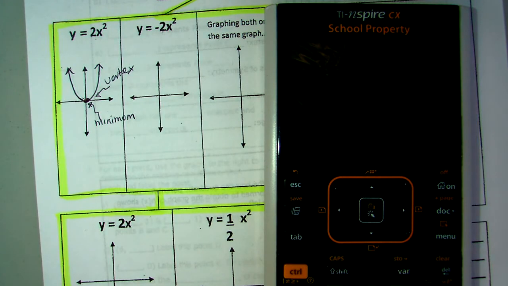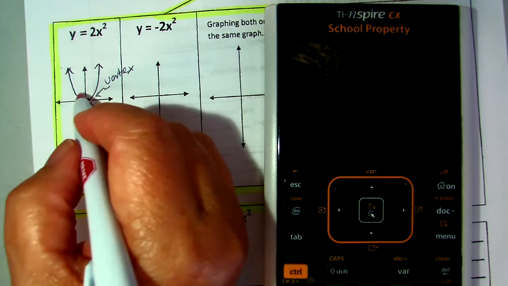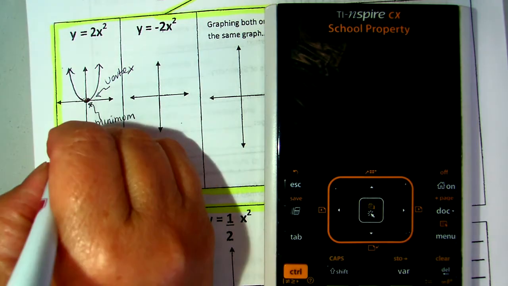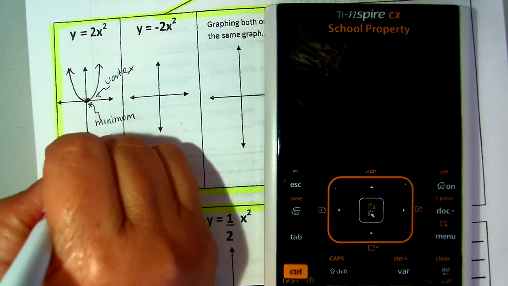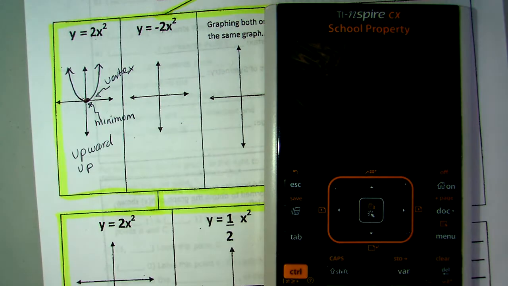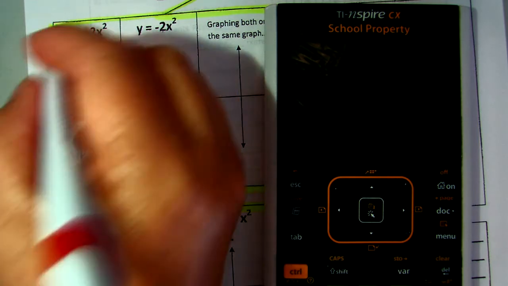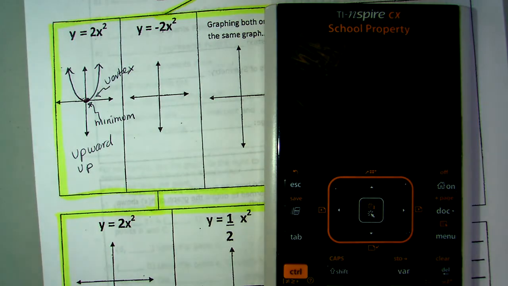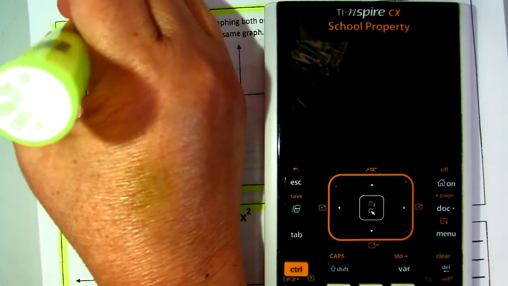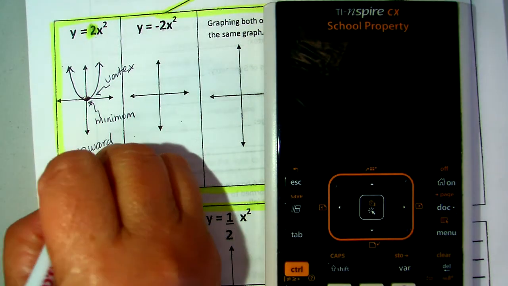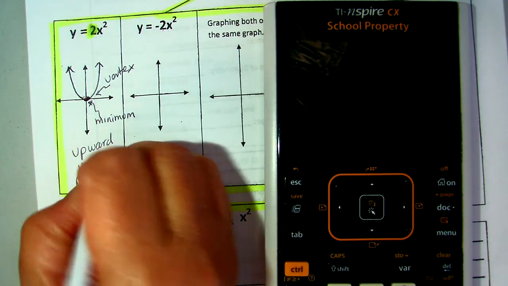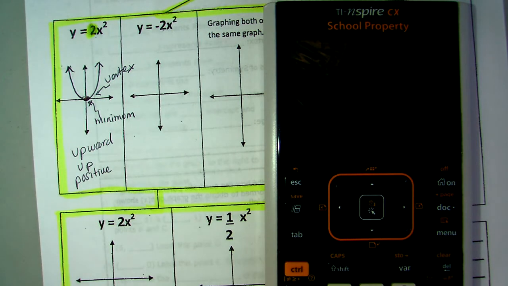This one we say the parabola is upward, or up. And look what you see here: this one is positive. It's a positive parabola, a positive number.